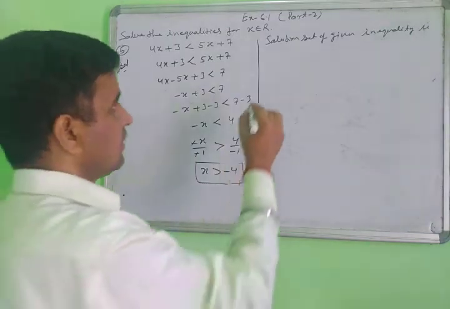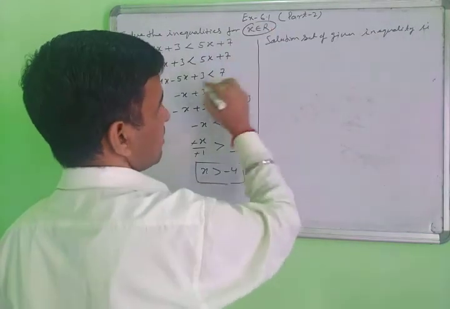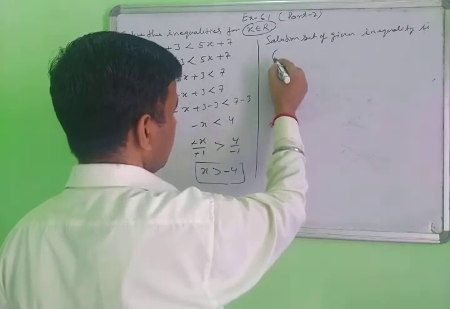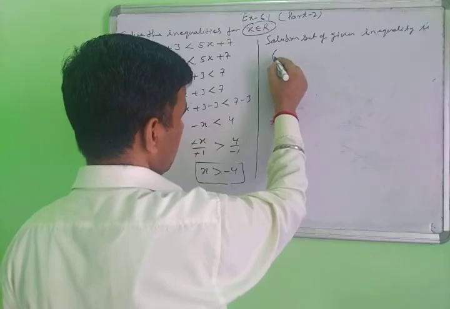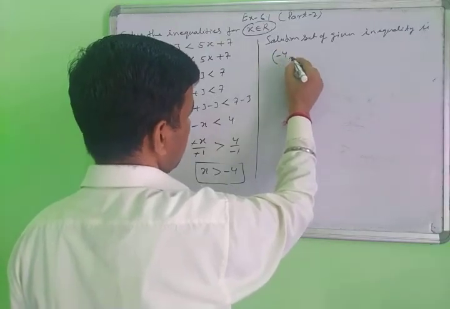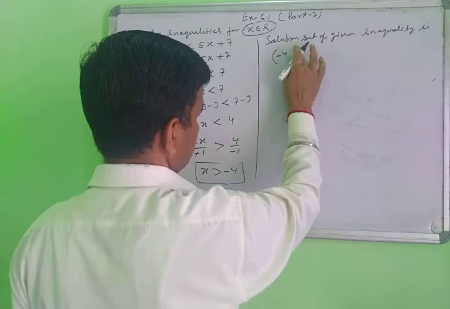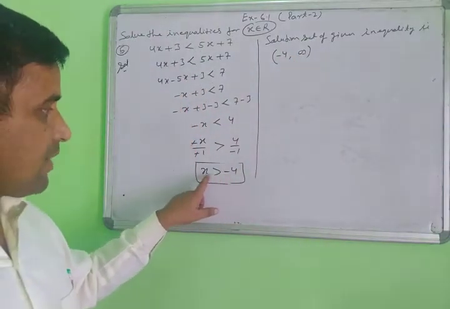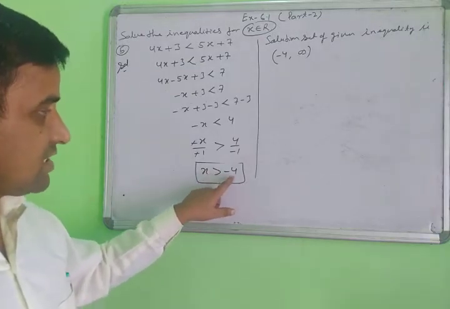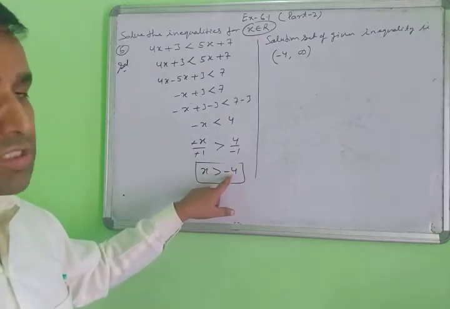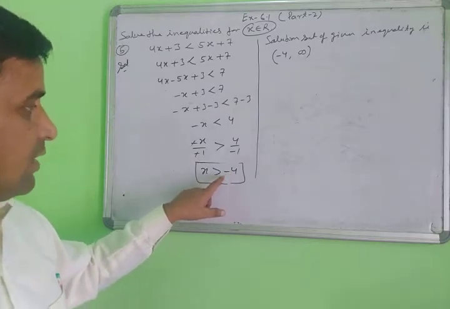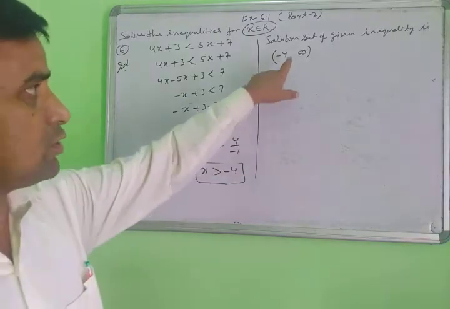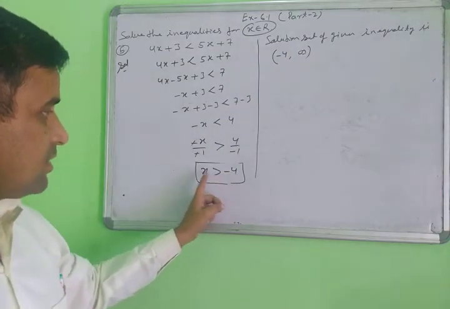Given that x belongs to the real numbers, you will write the open interval minus 4 to infinity. Because the value of x is greater than minus 4, minus 4 is not included, so the minimum value of x is just above minus 4, and the maximum limit is not defined.